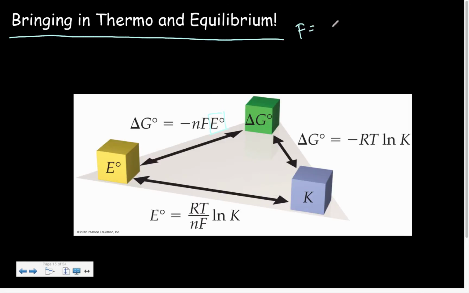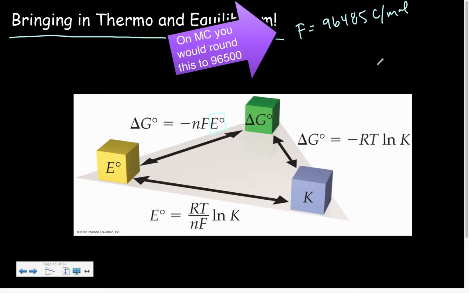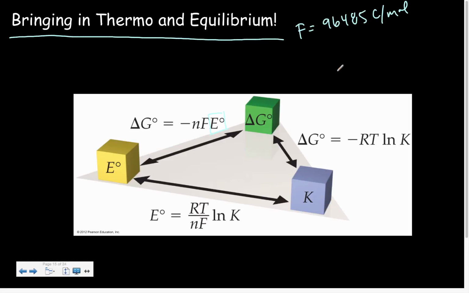F is Faraday's constant, which is 96,485 coulombs per mole. It's often written as moles of electrons because of the way we use it. In your textbook, it talks about how this is technically unitless.